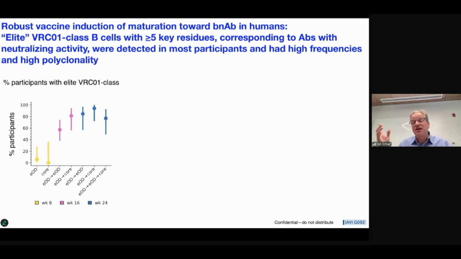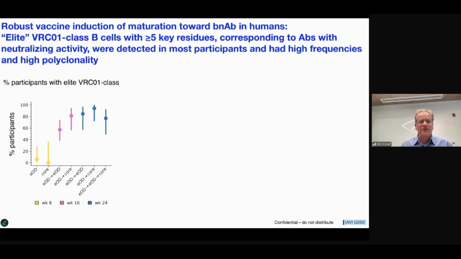So we said to ourselves, okay, we called it an elite population of VRC01 class responses, the ones that actually have 5 or more key VRC01 class residues, those are the ones that have the neutralizing activity. If that elite population is really the one that we want to target for further maturation toward BNAB, we need to know how common it is. I mean, if it only happened in a few individuals, it's just a curiosity.